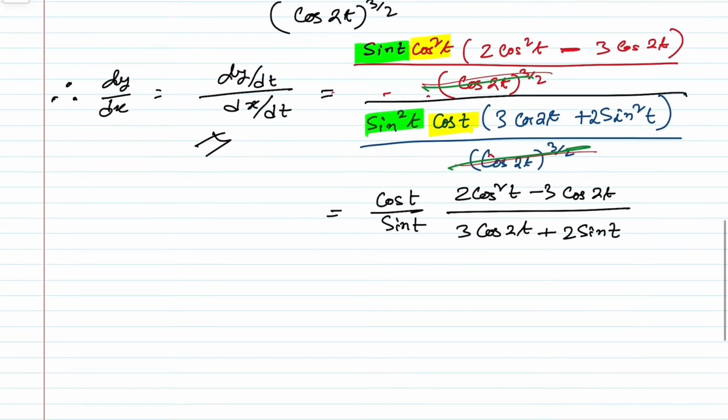As you can see, here it is sin and here it is cos. I forgot the square signs; there should be a square sign, so let me write sin square t.